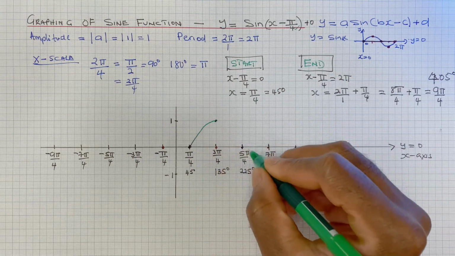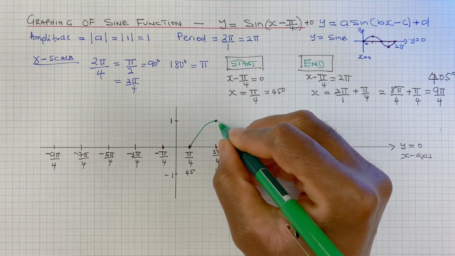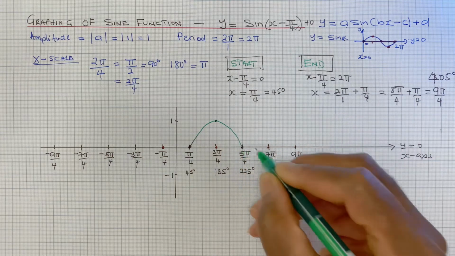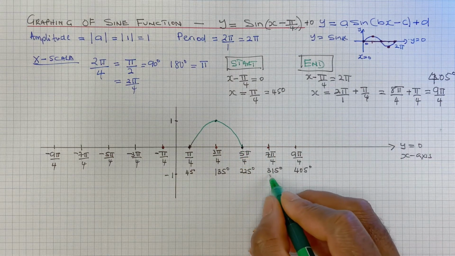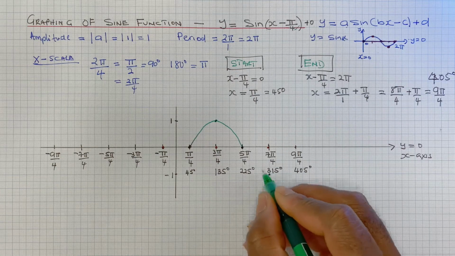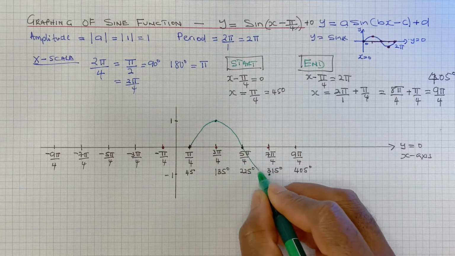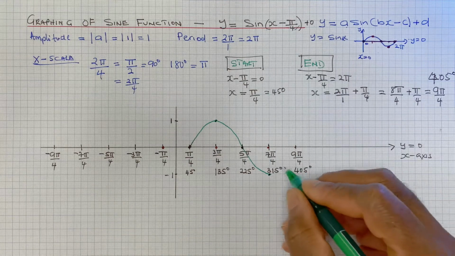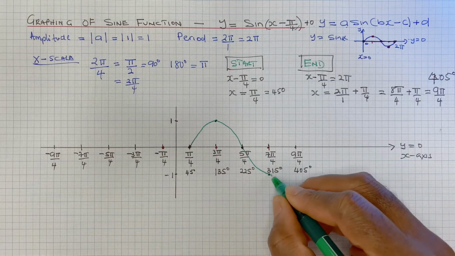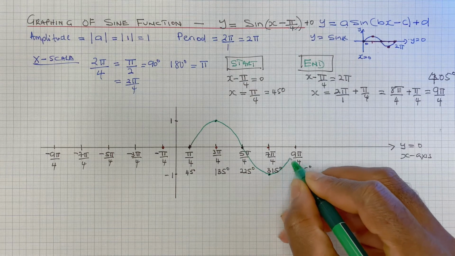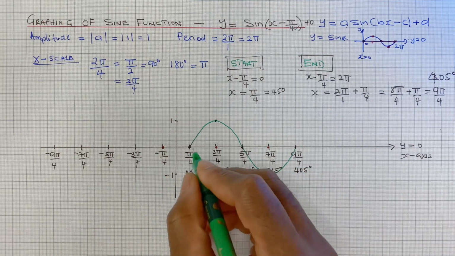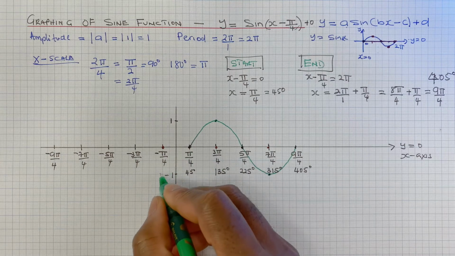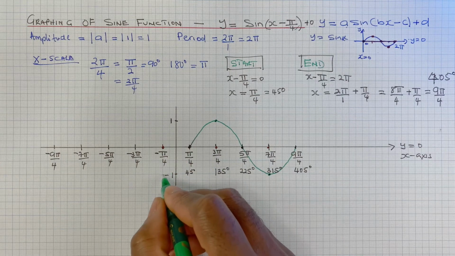And it gets down to 0. Right? And then it goes down to minus 1 here. So it goes down to minus 1. And then it gets back to 0. That's the first period. In the second period, we go back down to minus 1 here.